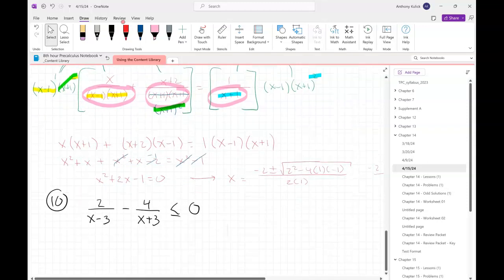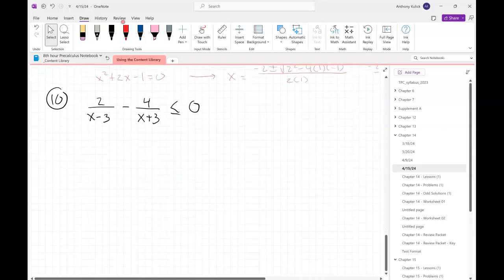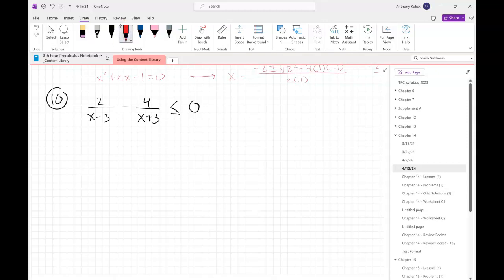All right, let's do it. So when solving an inequality, what's the first thing I suggested we do? Yeah, we think about it as the equivalent solving problem.